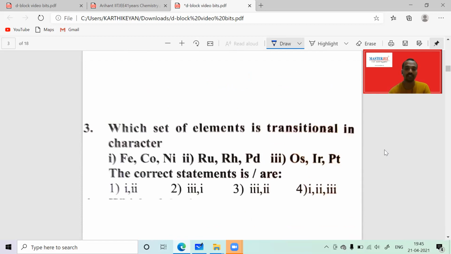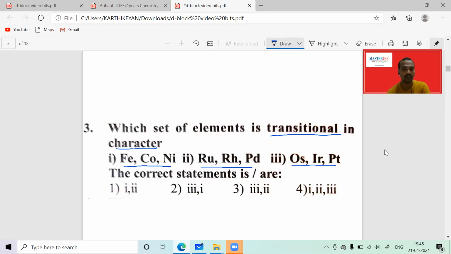Next, which set of elements is transitional in character? These are all introductory bits, so I am explaining them together. From the Mendeleev periodic table onwards, we know iron, cobalt, nickel, ruthenium, rhodium, palladium, osmium, iridium, and platinum are called transition triads.